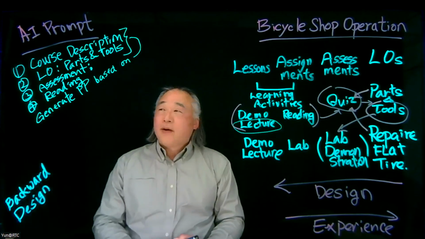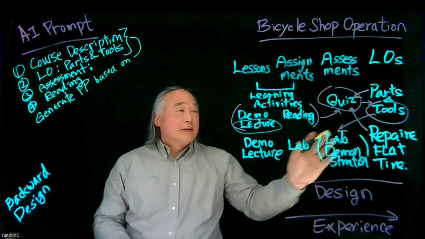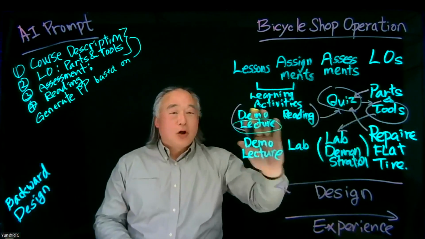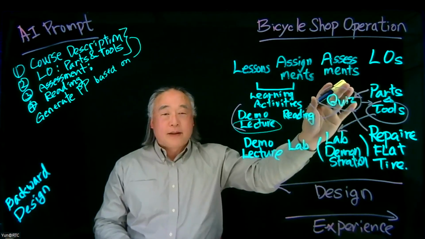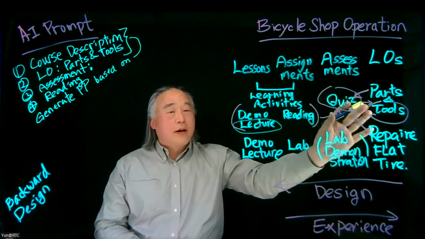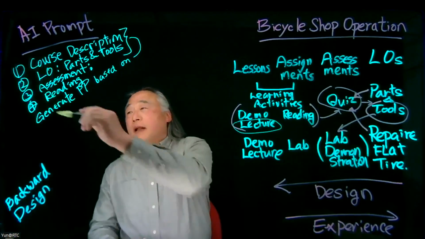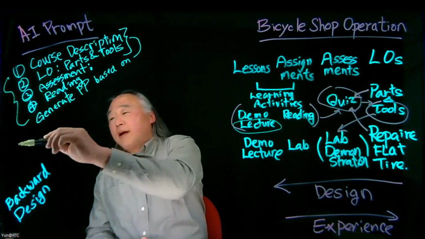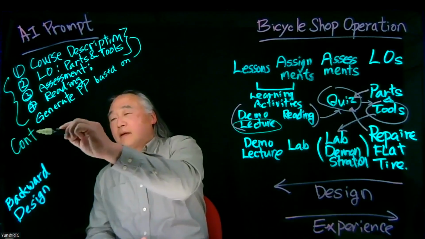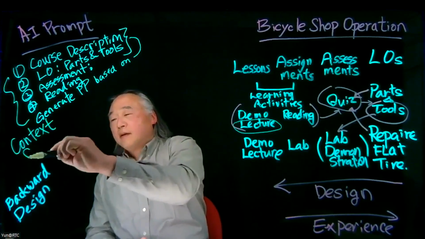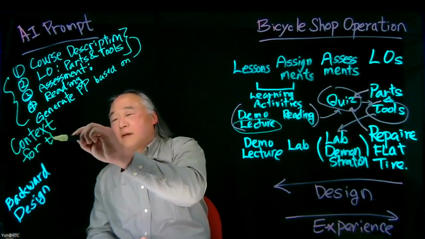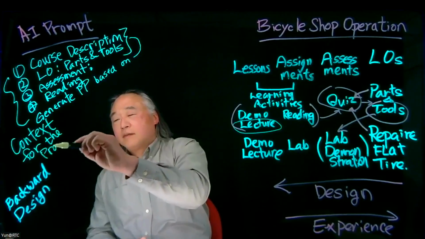Okay, so with this planning that you already have through backward design, you can put those contents into the prompt, and then you will have very comprehensive context for the prompt.